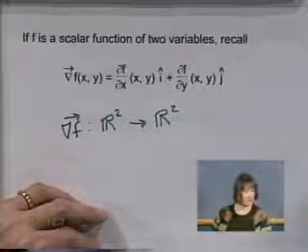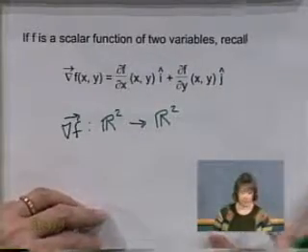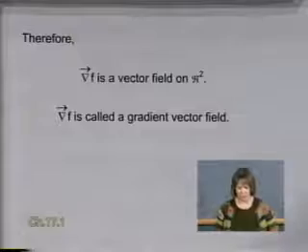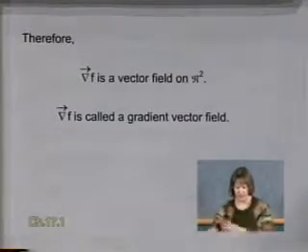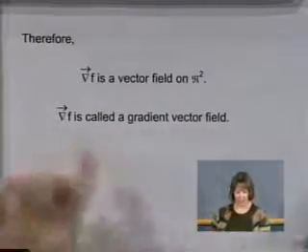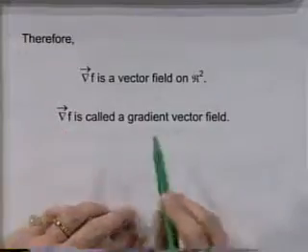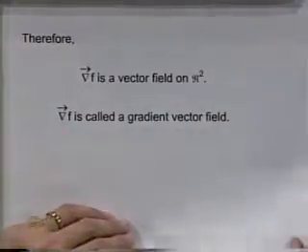It's a vector field. Therefore, the gradient of f is a vector field on R2, and we call this function the gradient vector field.